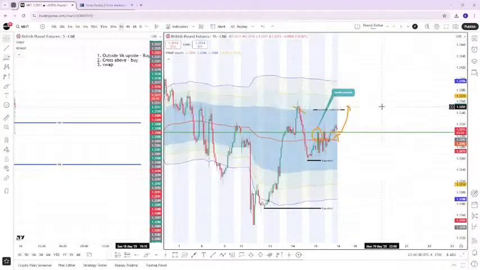That's okay. Monthly rotational, and we are imbalance up from that old previous value area.